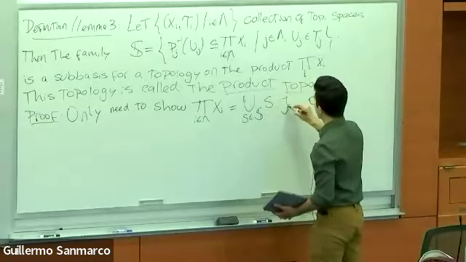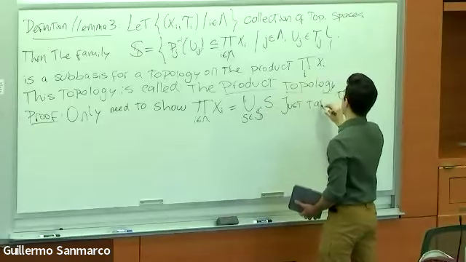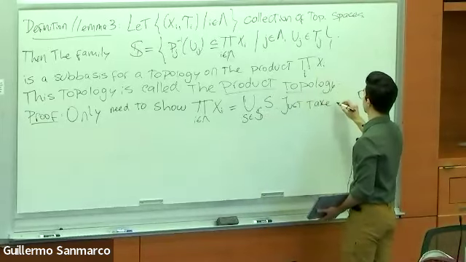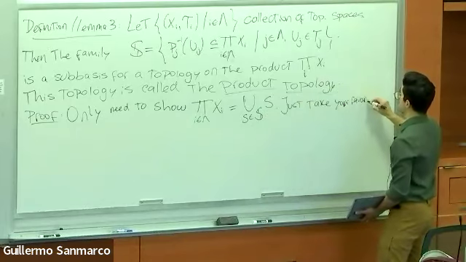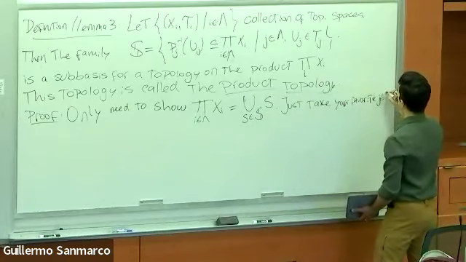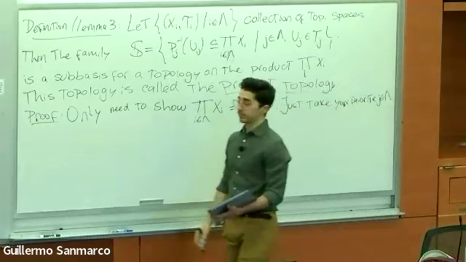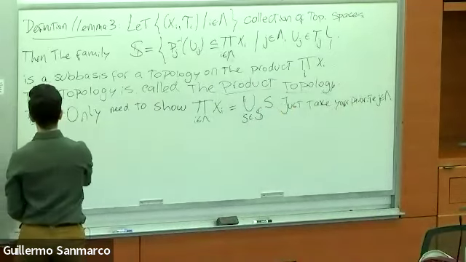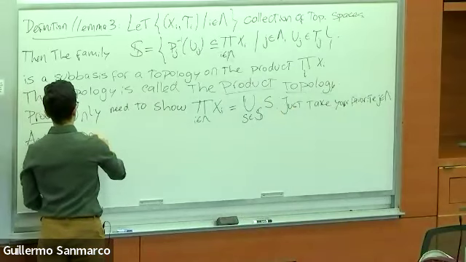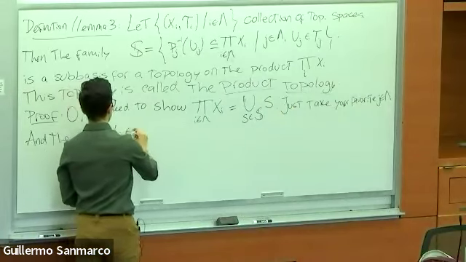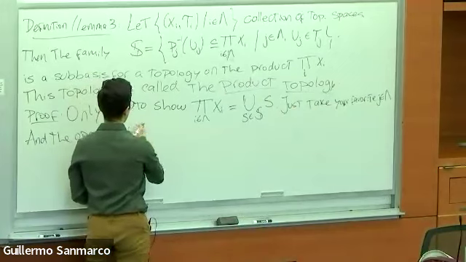So just take your favorite index j, and the open Xj in the topology Tj.